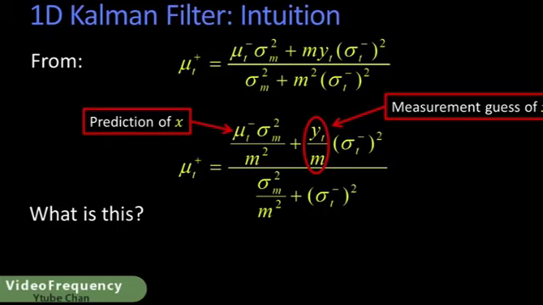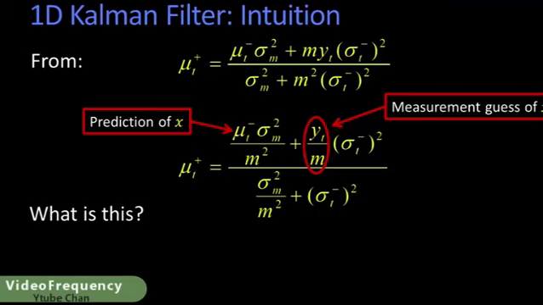Now, mu t minus, what's that? That was our prediction. That's the mean, our best guess as to what x actually is at time t. So we've got these two things in here: mu t, which is our prediction, and y over m, which is our measurement's guess. We have to somehow combine them.